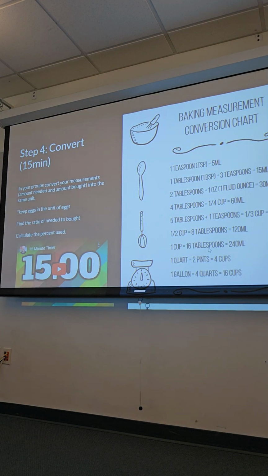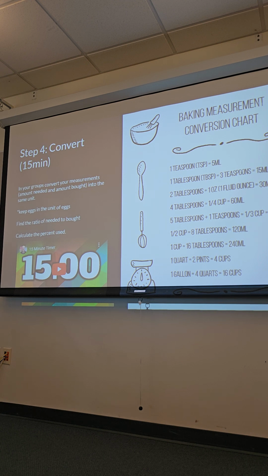So we're running a little low on time, so I want you guys to do the first 4 items on your ingredients list. I want you to convert them so that the amount needed and the amount bought are in the same form.